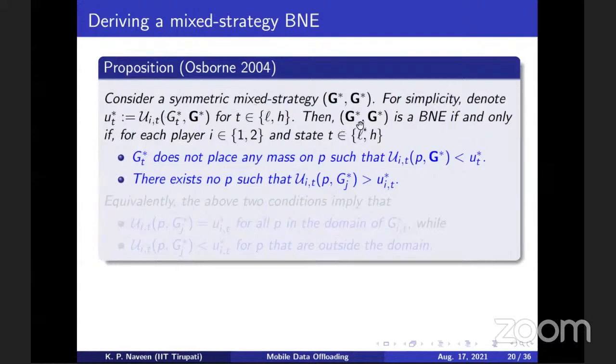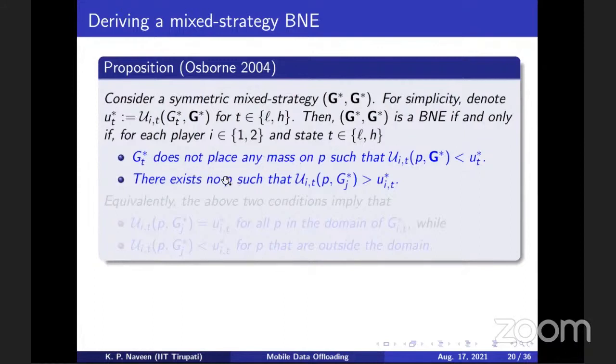We say that this pair constitutes a Bayesian Nash equilibrium if and only if, for any p in the domain of this distribution, for any p for which this condition does not hold, G star should not place any mass on that p.